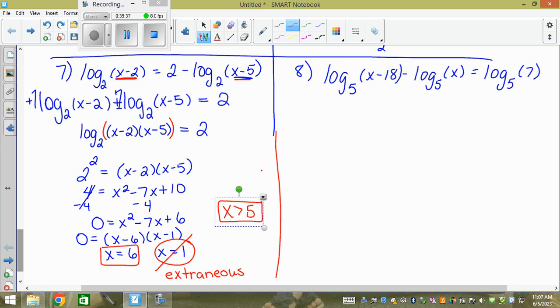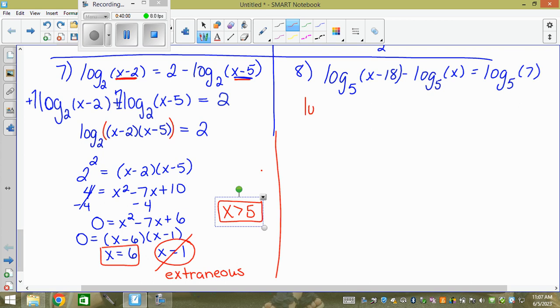So what could I do? I could move them all to one side and set it equal to 0, put them together, convert to exponential. Or you can put this together, leave this on this side. You'll have log base 5 of something equals log base 5 of something and set the somethings equal. So I'm going to show you the two methods. I'm going to show you the one that's like this one first.